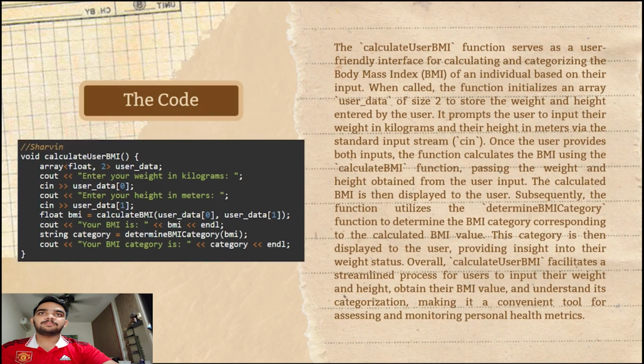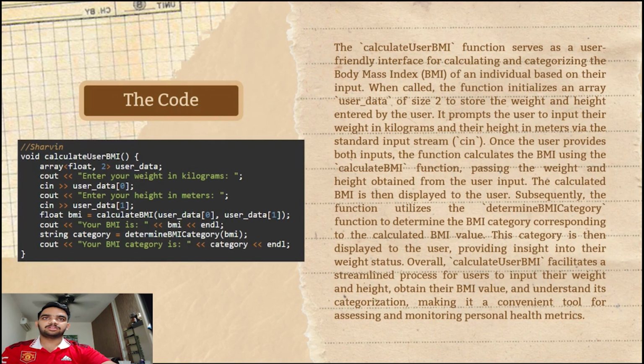The calculate user BMI function serves as a user-friendly interface for calculating and categorizing the body mass index (BMI) for an individual based on their input. When called, the function initializes an array user data of size 2 to store the weight and height entered by the user.